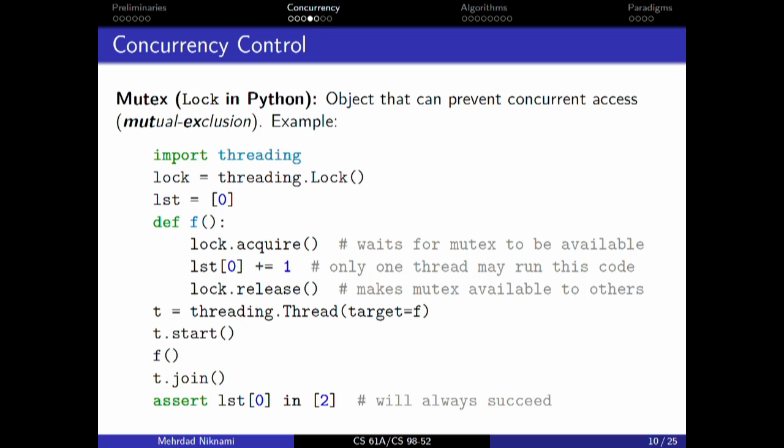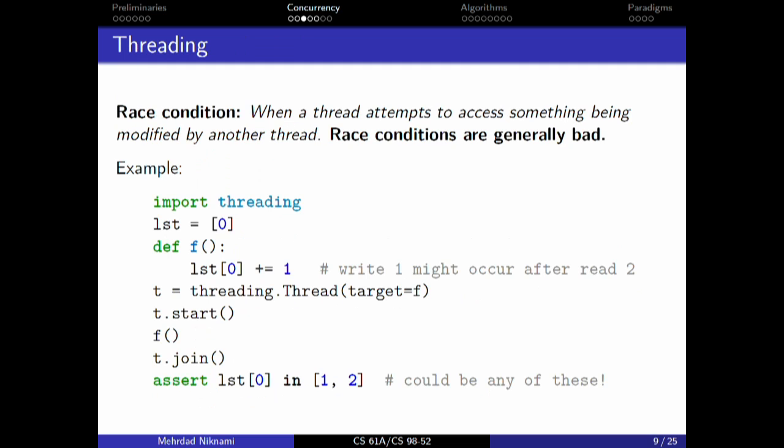Yeah? Can you explain how specifically you could have 2 different cases in the first example? Yeah. So this is like saying LST of 0 is equal to LST of 0 plus 1. Right? So when you say LST of 0, it has to read the value, which is 0. Then it has to write the new value, which is 1.